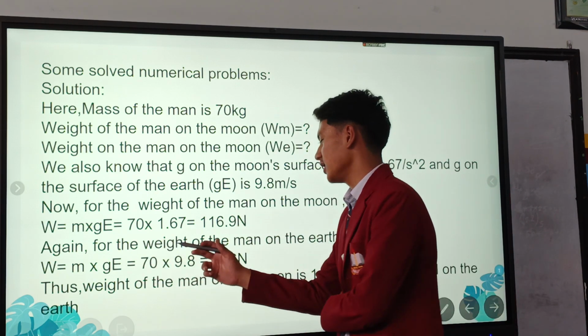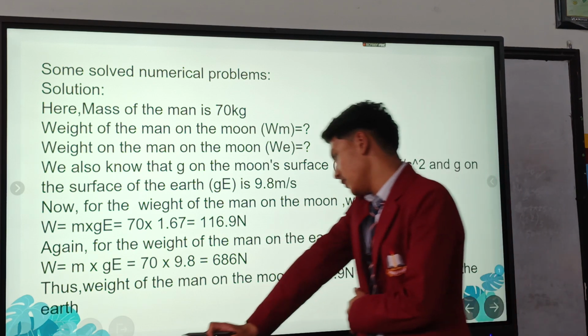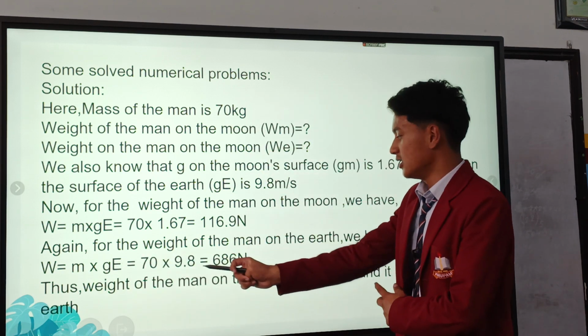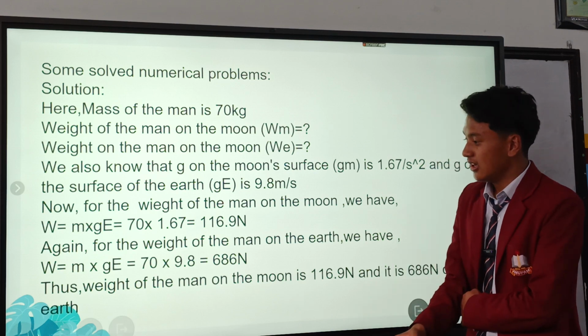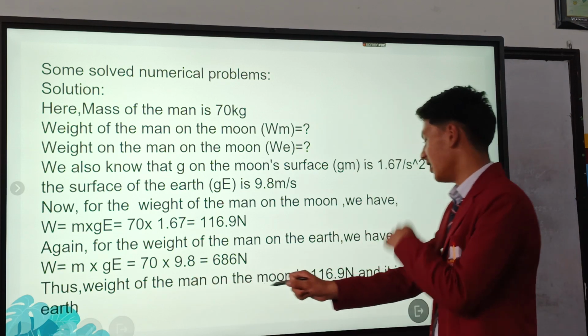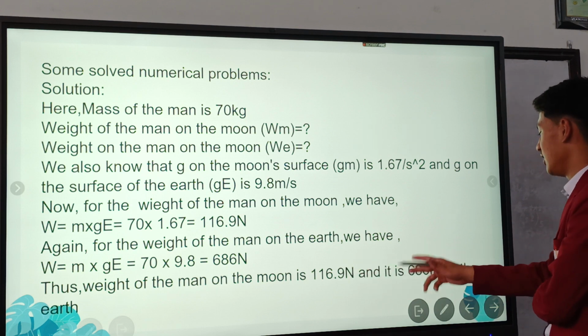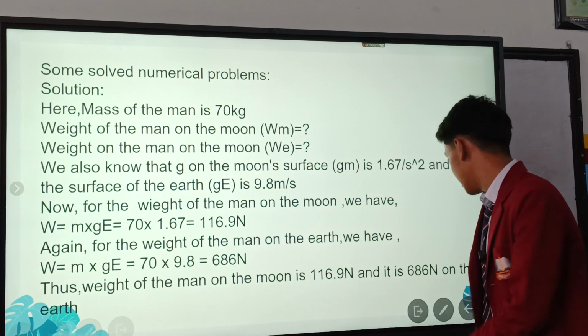Again, for the weight of the man on the earth, we have weight equals m into ge equals 70 into 9.8 is 686 Newton. Thus the weight of the man is 116.9 Newton on the moon, and it is 686 Newton on the earth.